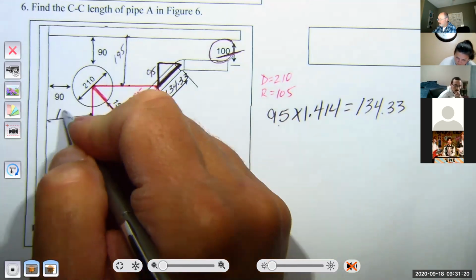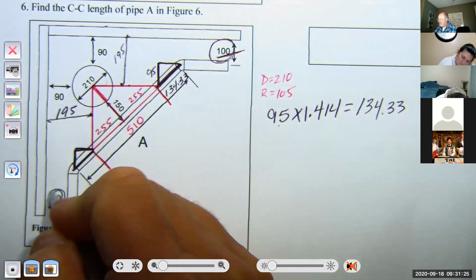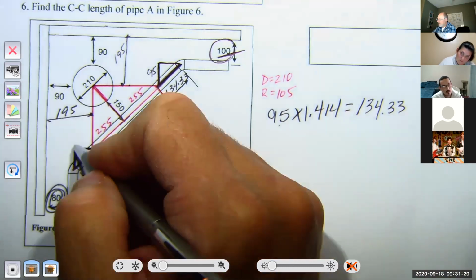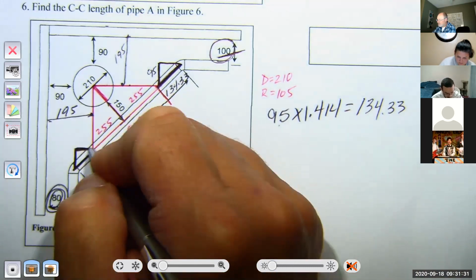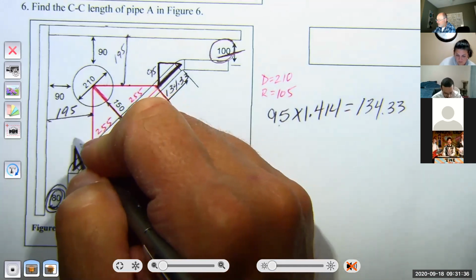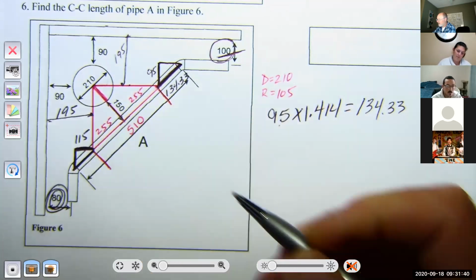This is also 195. Then I minus 80 down here at the bottom, so this measurement has to be 115.